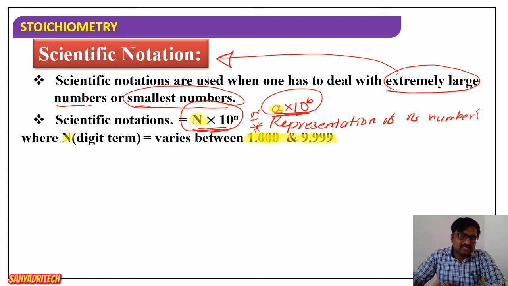It should not be less than 1, and it should not be greater than 9.999. It should be in between, and these numbers include 1 and 9.999. That N value must lie between, or vary between, 1.000 to 9.999. It is capital N, or I can say a.